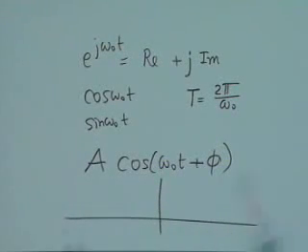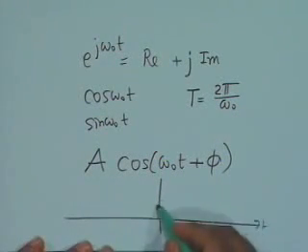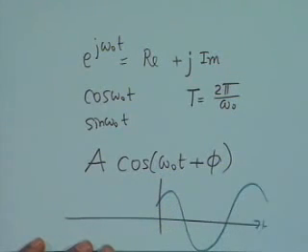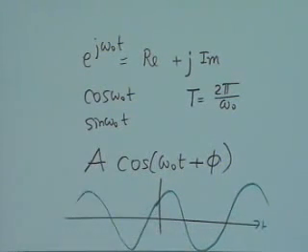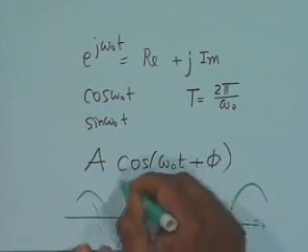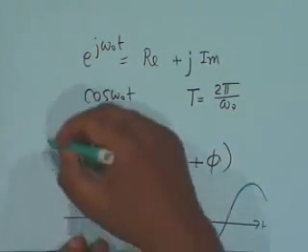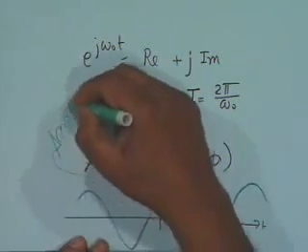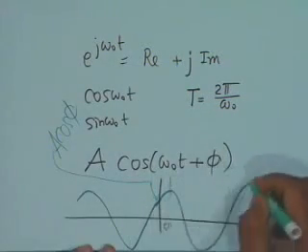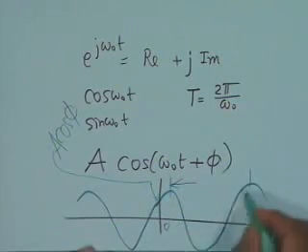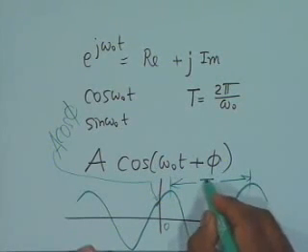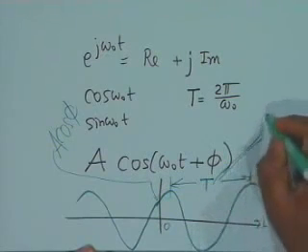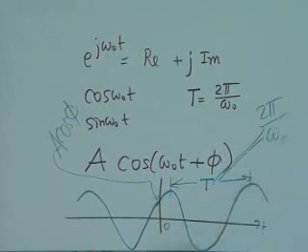This contains cosine omega 0 t as well as sine omega 0 t, and if you plot this versus t, you will have a plot like this, and so on, where the value at t equal to 0 is a cosine of phi, where the distance between two peaks shall be equal to capital T, and capital T is equal to 2 pi over omega 0. This is the general sinusoidal signal.